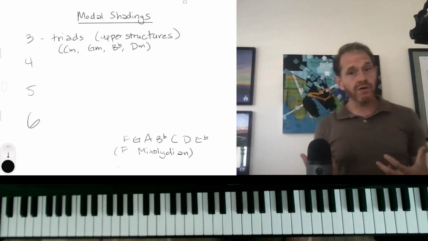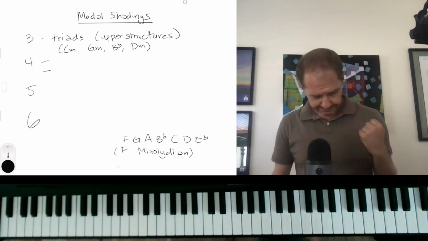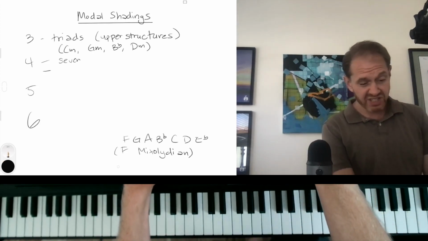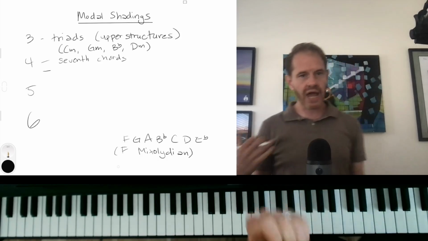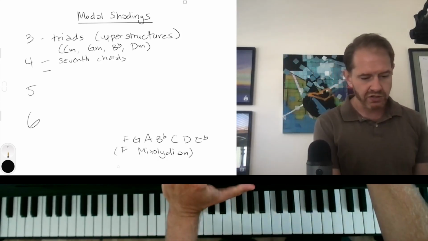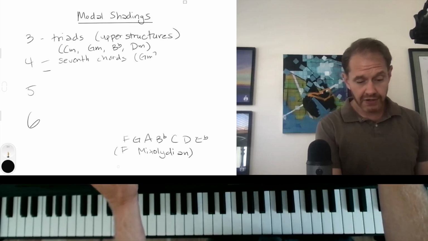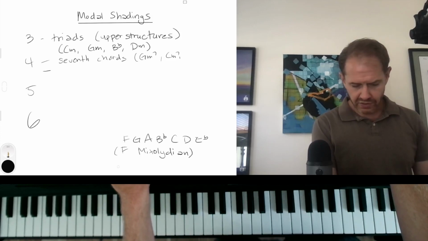All right, 4 notes. So we kind of have 2 different directions we can go here. On one hand, it could be 7th chords. This is just a different type of upper structure, right? So instead of thinking about just a 3-note triad, we're going to think of a 4-note 7th chord. So within F Mixolydian, it could be G minor 7, C minor 7. Let's see, do we have any major 7?